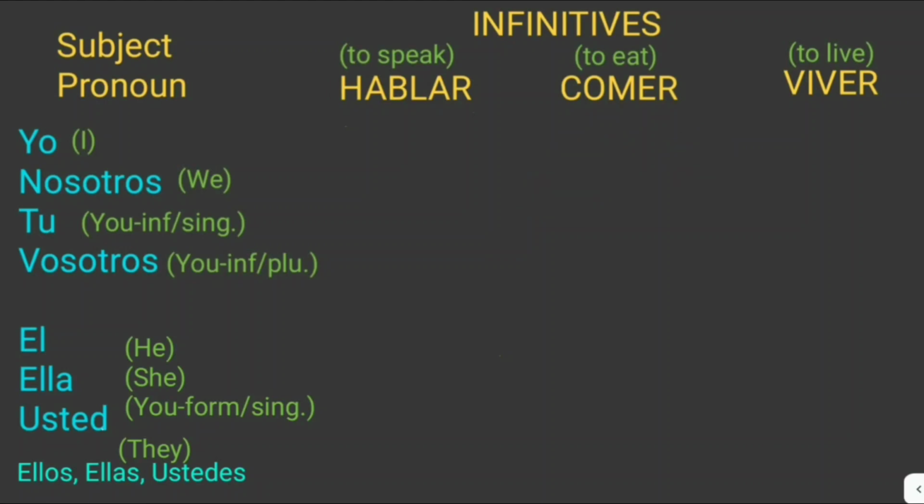For I, yo, comer would become como. Yo como. I eat. We eat. Nosotros comemos. You eat. Tú comes.